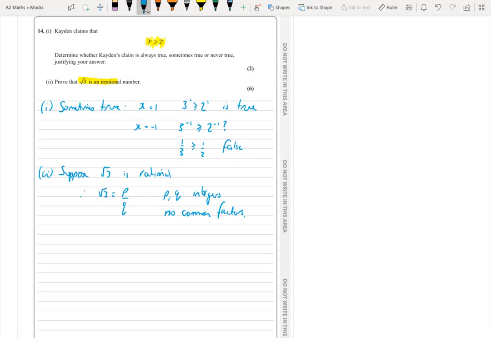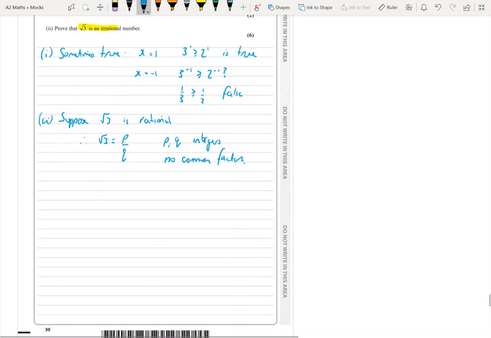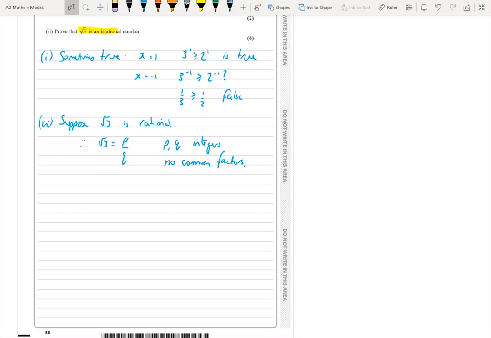We've written root 3, we think, as a fraction of integers, and it's guaranteed that we can write them with no common factors. Now we just do some algebra, some manipulation with that. We're going to square both sides. So we're going to get 3 equals p squared over q squared. We're going to multiply q squared up.